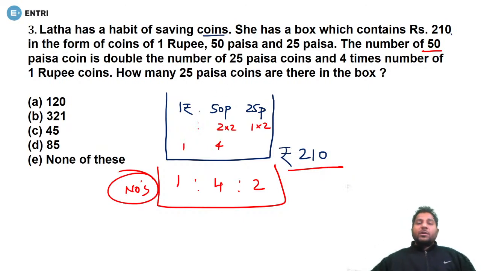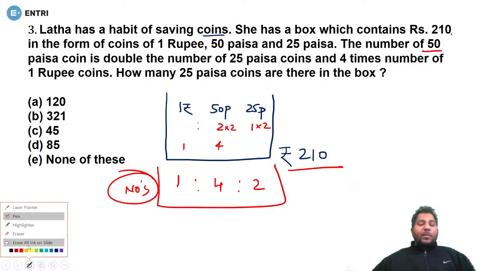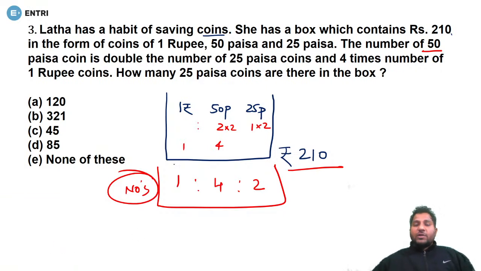So we will convert them into value. The number of 1 rupee coins equals the actual value, so we multiply by 1. The value of 50 paisa coins is half: 4 coins of 50 paisa is only 2 rupees.